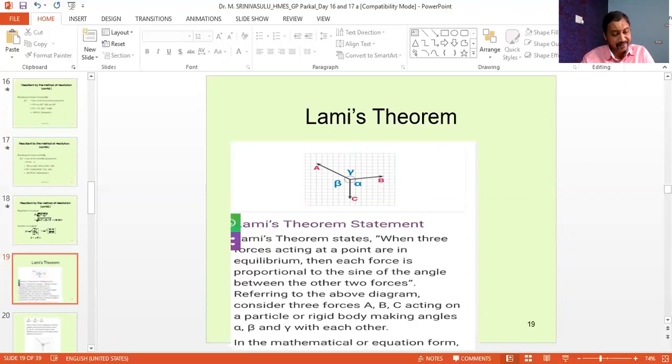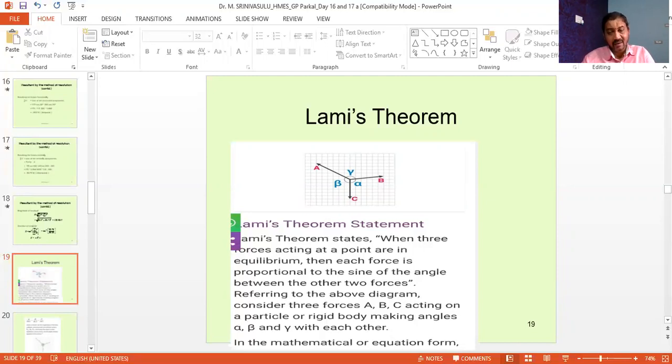Here you must note that when force A is considered, then the angle between the other two forces, that is B and C, that is alpha, is to be taken. And when force B is considered, then the angle between the other two forces, that is force A and force C, that is beta, is taken.